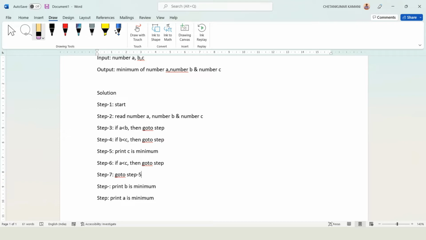You can see I do not have to write the same step here. That's why I have changed the control to go to step 5. Now if A is less than C, which is also true, then go to step 8, then step 9.